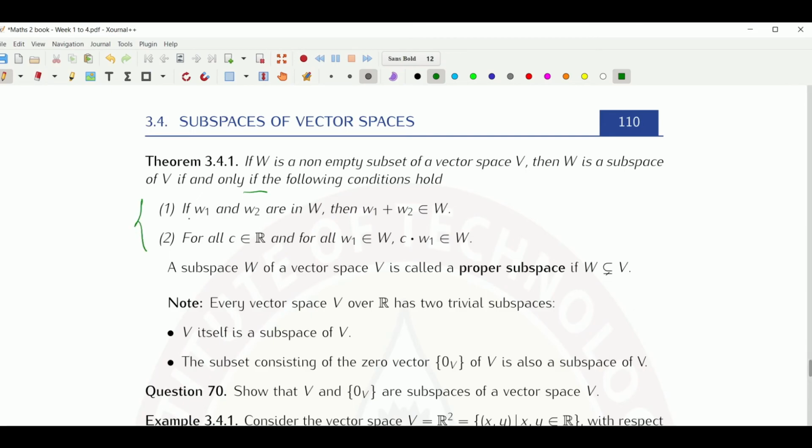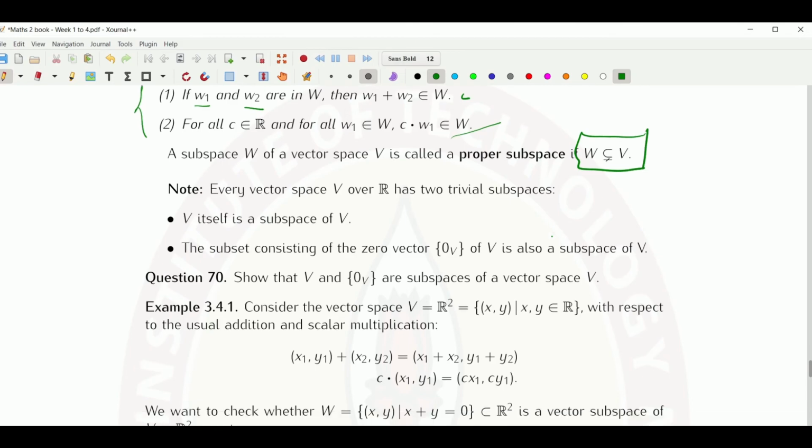Number one, if W1 and W2 are in W, then W1 plus W2 belongs to W. It is closed under addition. Number two, for all C belongs to R, and for all W1 belongs to W, C dot W1 belongs to W. A subspace W of a vector space V is called a proper subspace if W is a proper subset of V.